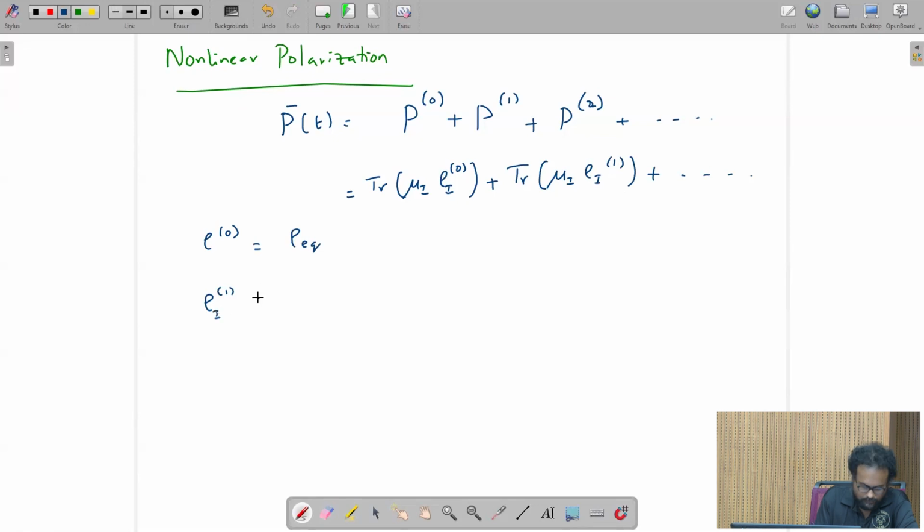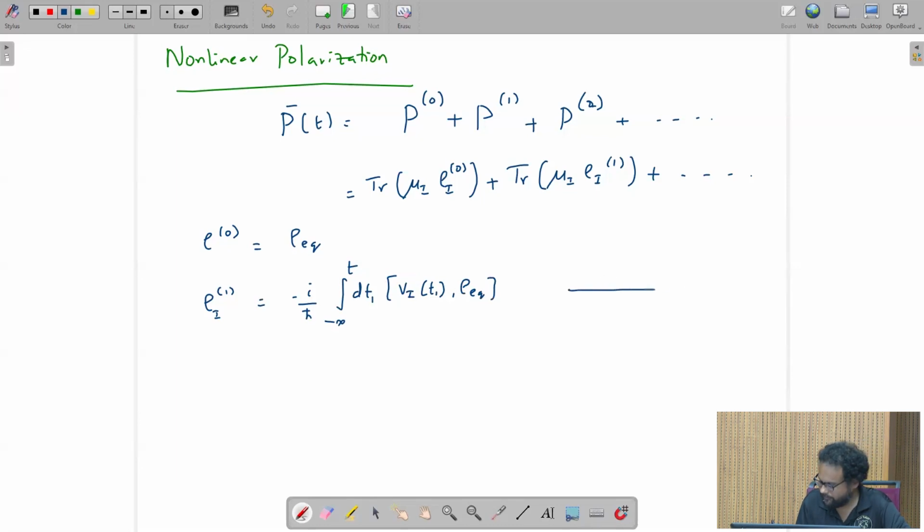Rho 1, in the interaction picture, is minus i over h bar, integral from minus infinity to t, dt1, of the commutator of the dipole interaction at t1 with rho 0. So what we are doing here on the time axis: at some t1, we are coming with our potential, let the system evolve and measure or observe at some time t.